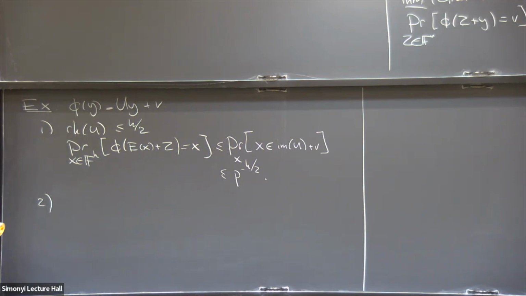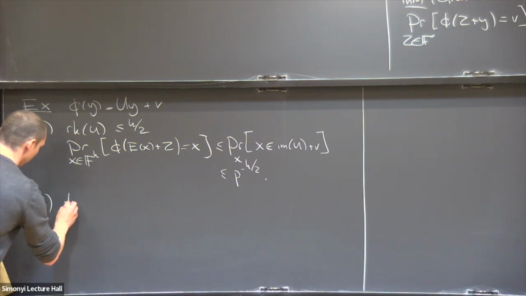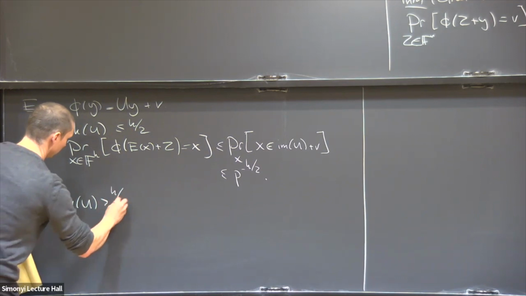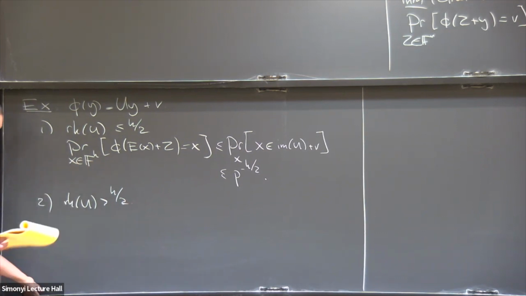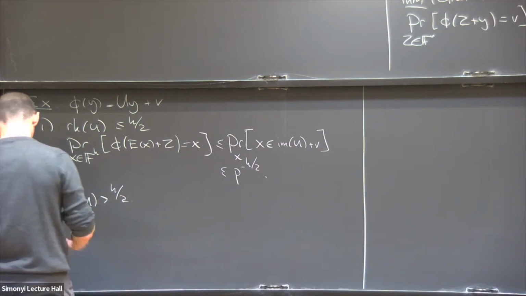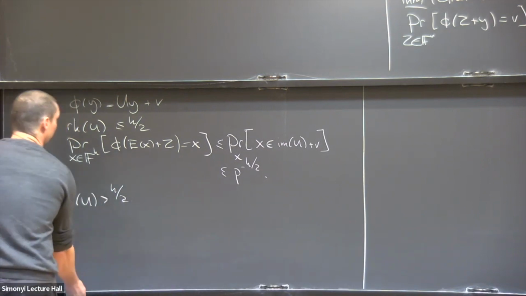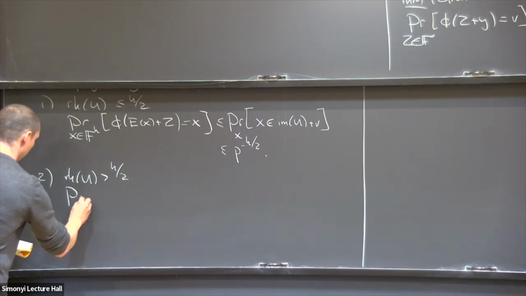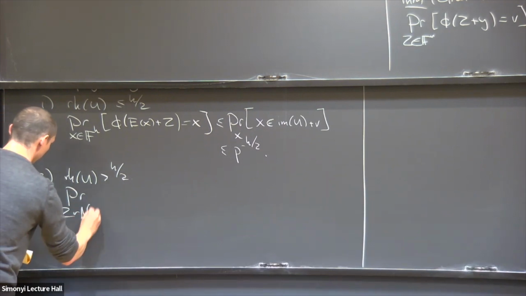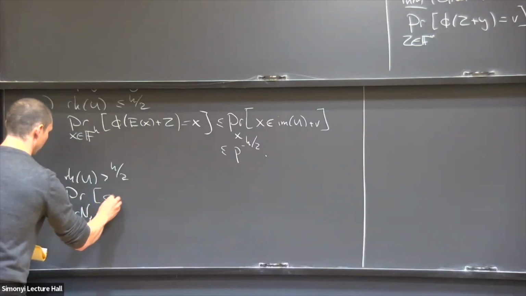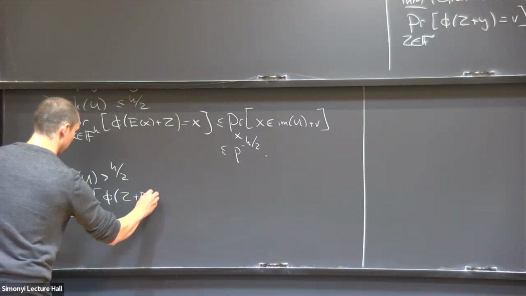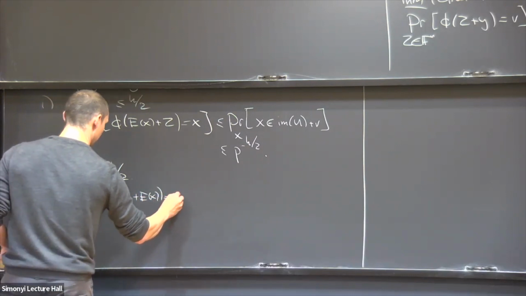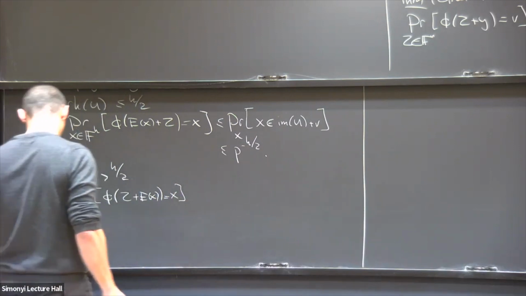The quasi-random case, where the rank of U is large, say at least k over 2: instead of considering the randomness in the vector x, we'll consider the randomness in the noise vector z. So in this case, we look at the probability over z distributed according to the noise distribution with parameter rho that phi of z plus the encoding of x is equal to x.